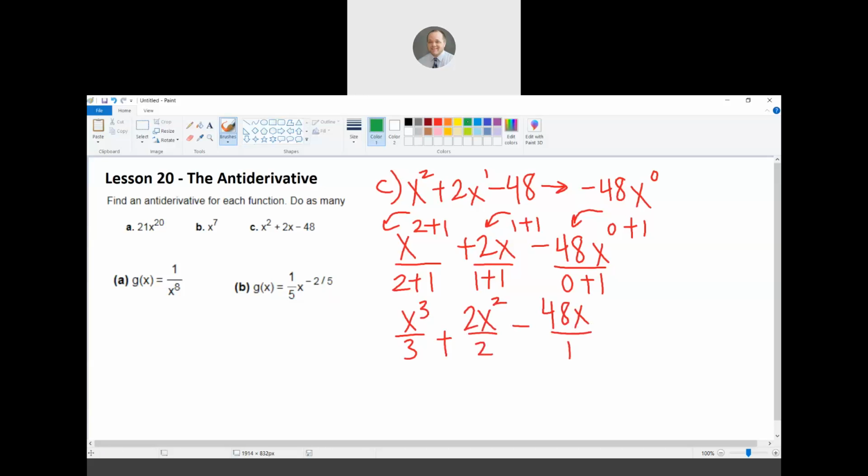And for the second antiderivative, when we cancel out the 2's, we get our final answer of x cubed over 3 plus x squared minus 48x, and don't forget your plus c. A smart way to check your answer is by taking the derivative of it.